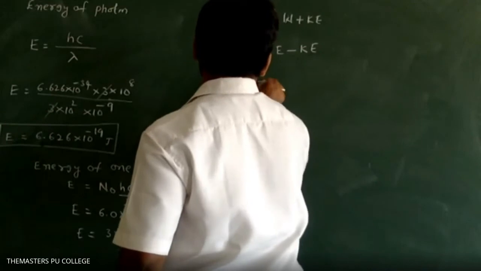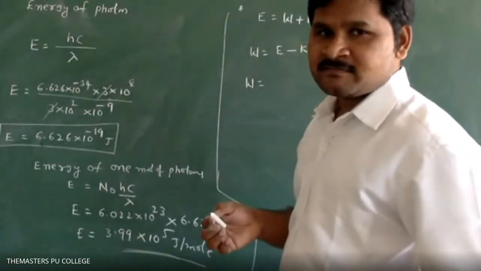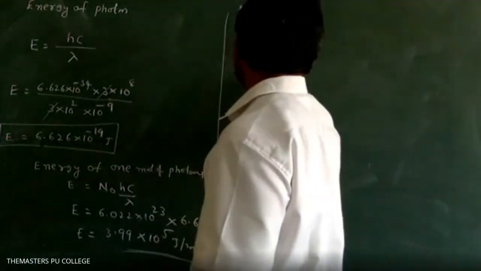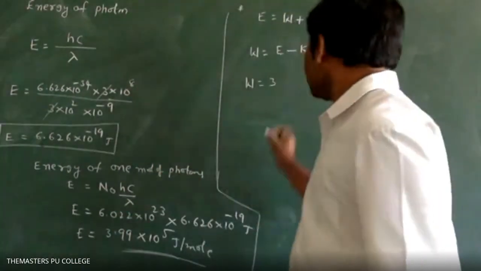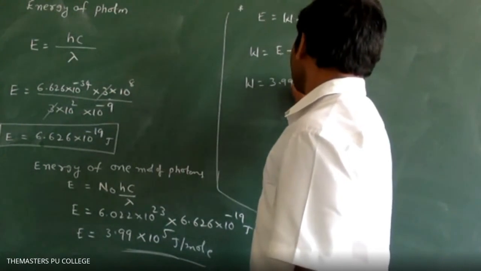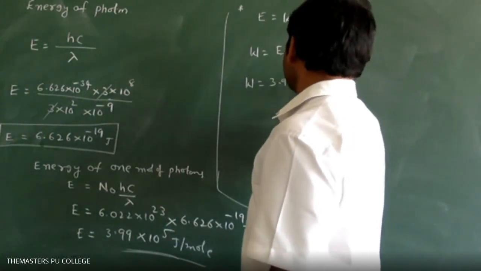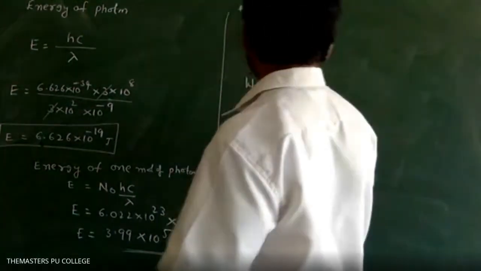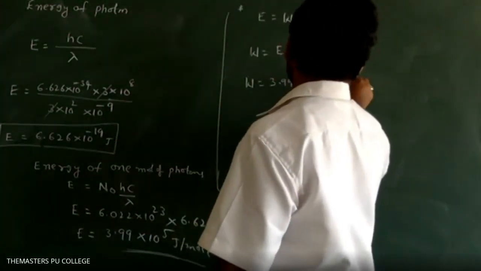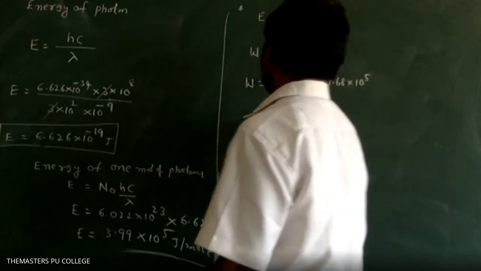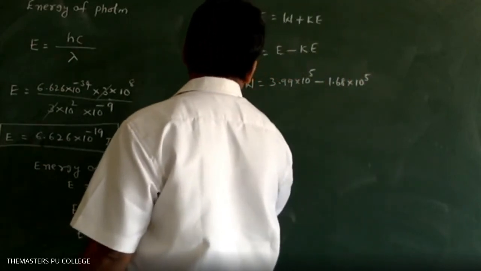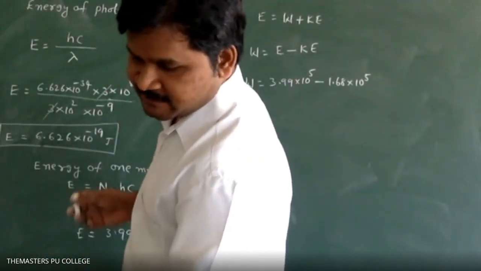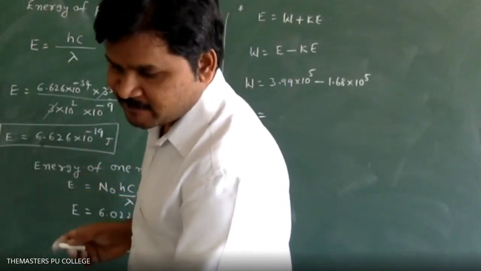The E value we just calculated is 3.99 into 10 power 5, minus the KE value 1.68 into 10 power 5. You will get W as 2.31 into 10 power 5.